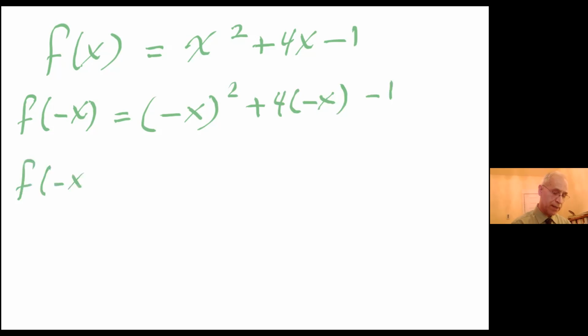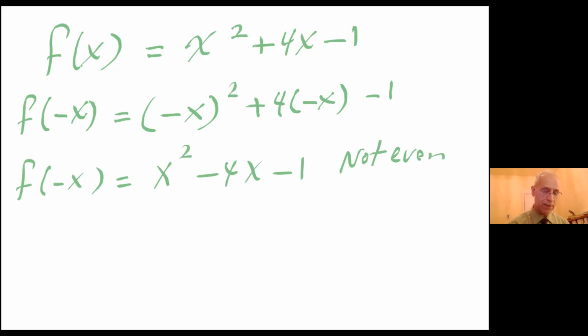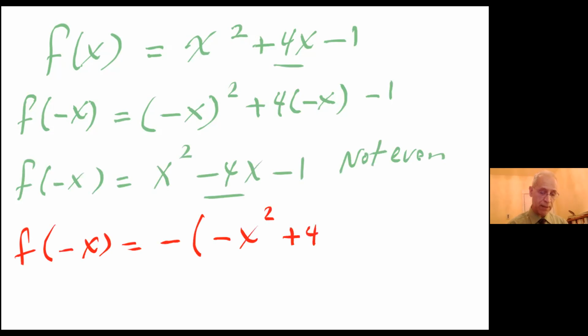F of minus x equals x to the second minus 4x minus 1. So definitely not even, because the 4x doesn't match the negative 4x. And if I factor out a negative in front, I get minus x squared plus 4x and then plus 1, so not even and not odd. So this is neither.